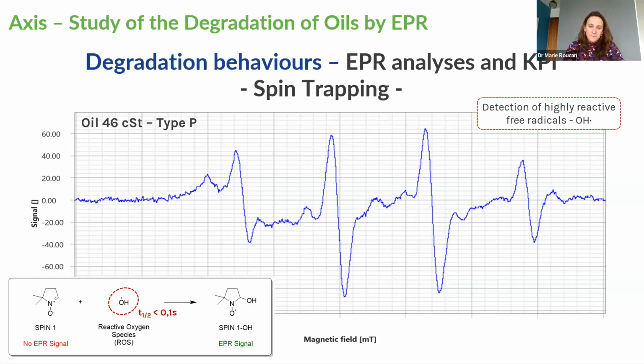So you use a spin trap, like the one here, spin 1, and it reacts with the hydroxyl, and then it gives this new species, spin 1OH, which has a life of about 20 minutes. So I have 20 minutes to do my analysis, which gave me much more time to actually see it. And then you end up with this kind of result. Depending on the species you're trapping, the EPR results are going to be different, and you're going to know which species it is depending on the results you see on your EPR.